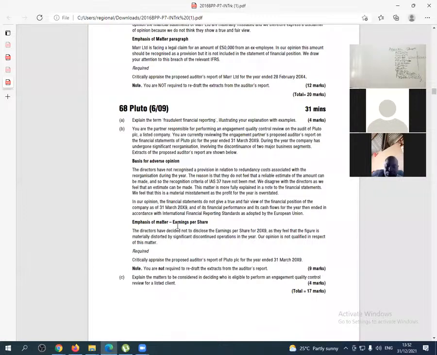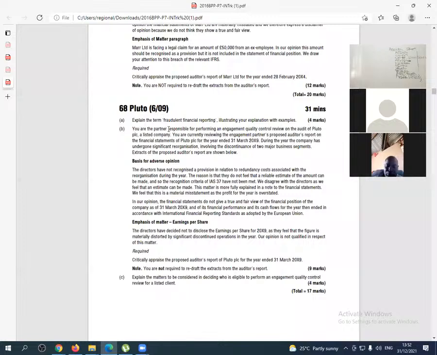So I'll underline: in an exam, they want me to appraise the proposed auditor's report. They have given me an auditor's report, and they want me to criticize it. Look at it critically, draw strengths or weaknesses. You are not required to redraft the extracts from the auditor's report.